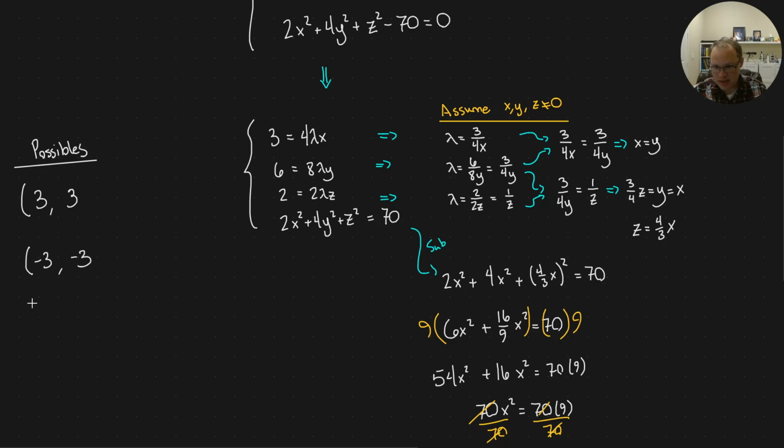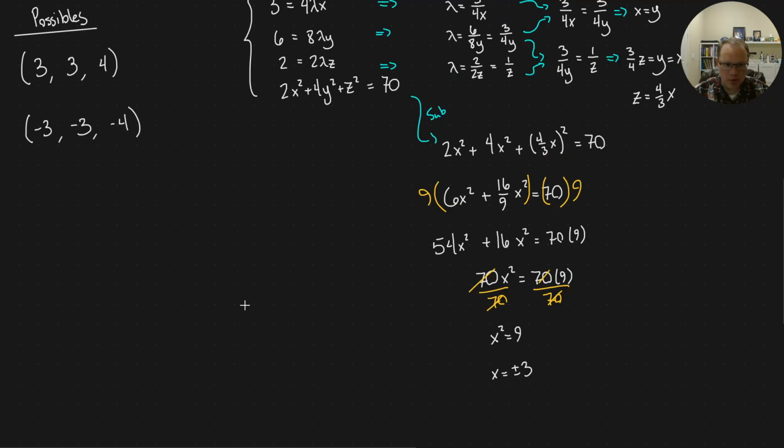Notice we're not considering negative 3, positive 3, or positive 3, negative 3, because x and y have to be equal. They cannot be different signs. And we know that z is equal to 4/3 x. So when x equals 3, z is going to be 4/3 times 3. That's just 4. And when x is negative 3, 4/3 times negative 3 is negative 4. Okay, so that gives us 2 possibles right there.